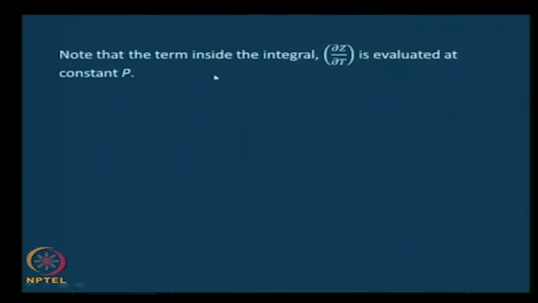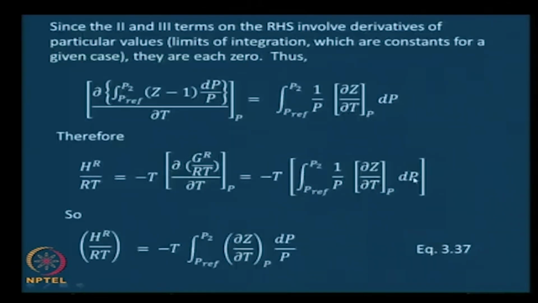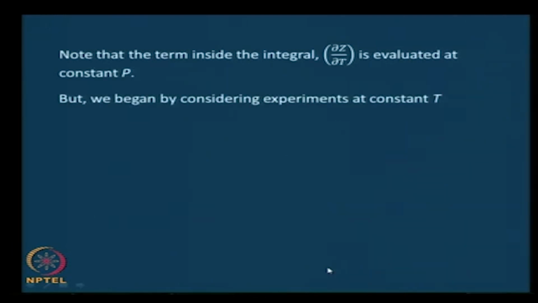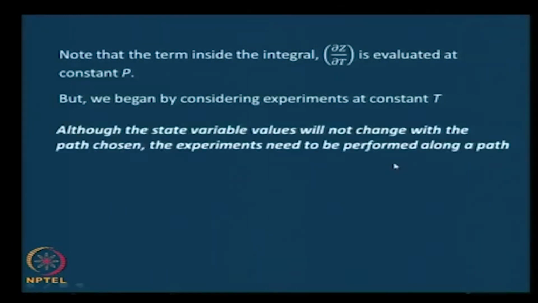Now, the term inside the integral here, ∂Z/∂T, is actually evaluated at constant pressure, but we began by considering experiments at constant temperature. Remember, the second term went off when we considered the process at constant temperature, therefore dT went to 0 and so on. So, we began by considering experiments at constant temperature, but this is still valid by using one of our usual arguments.